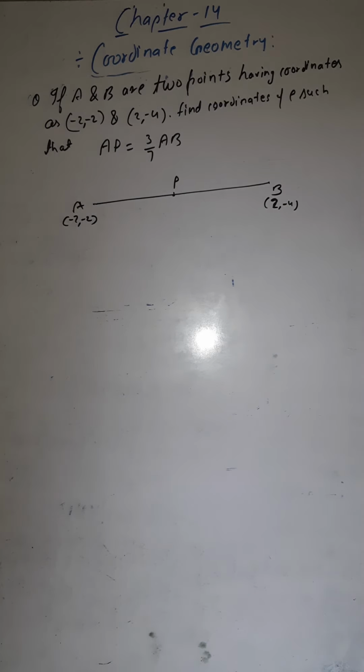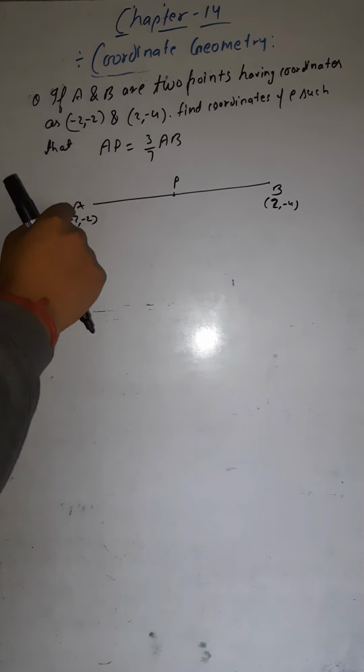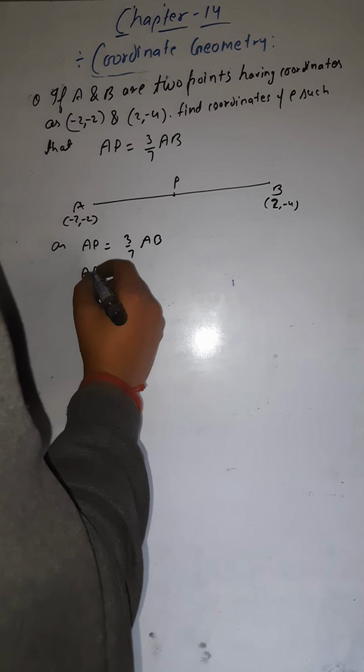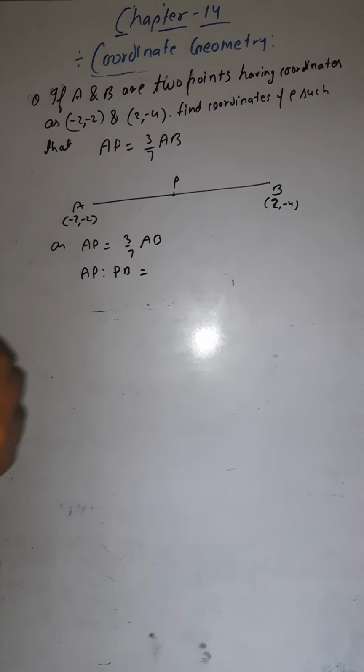This means the ratio of AP and AB has been given as 3 by 7. So can you tell me the ratio of AP by PB? As AP is equal to 3 by 7 of AB, look here.